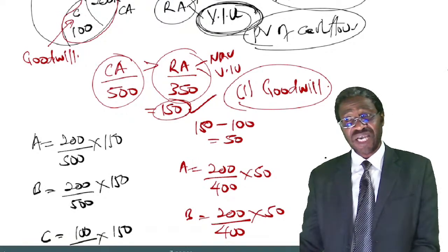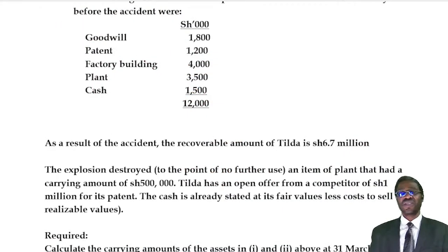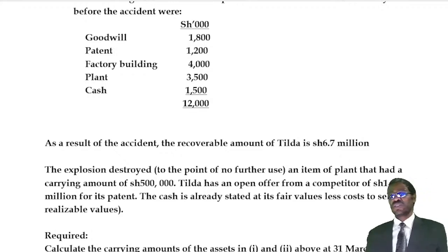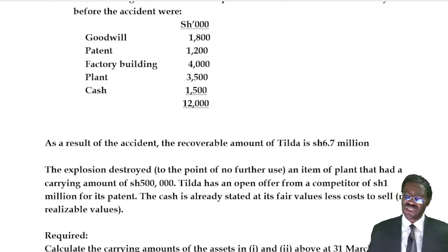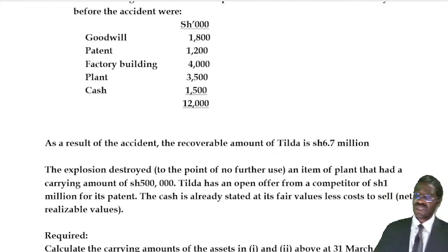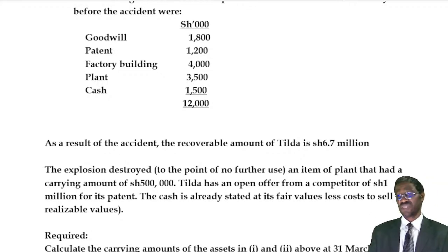But then another challenge is here. If you look at the table, we have an asset called patent, which has a carrying amount, you can see in the list there, 1.2 million. But this question goes further to say, the paragraph below that table says, second line, Tilda has an open offer from a competitor of shillings 1 million for its patent.